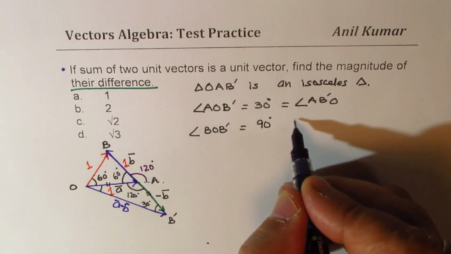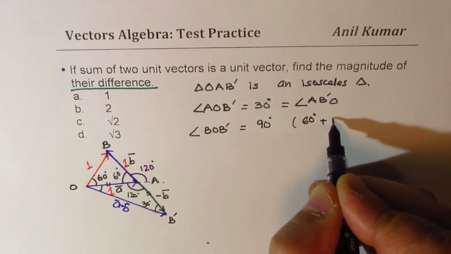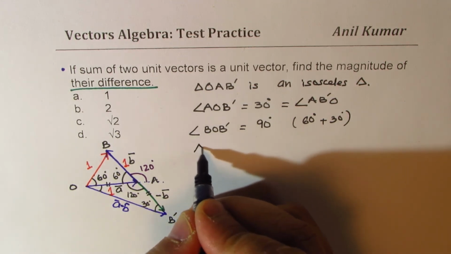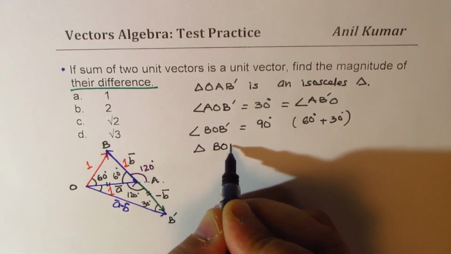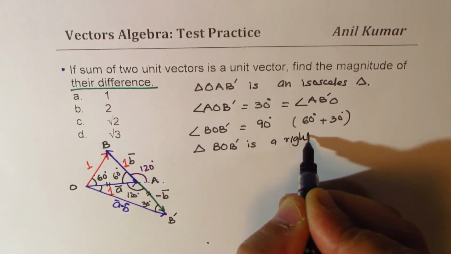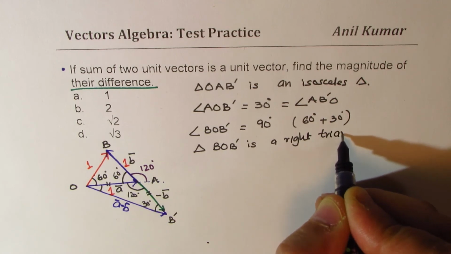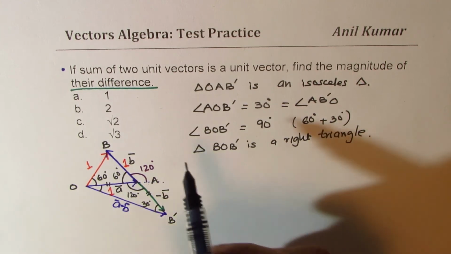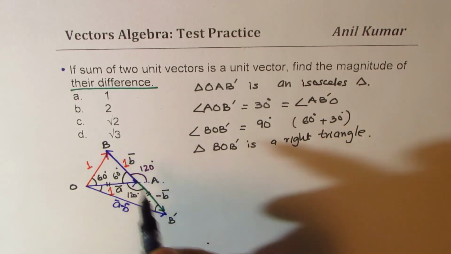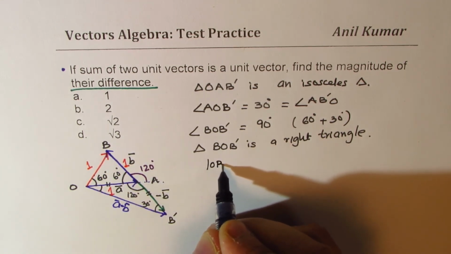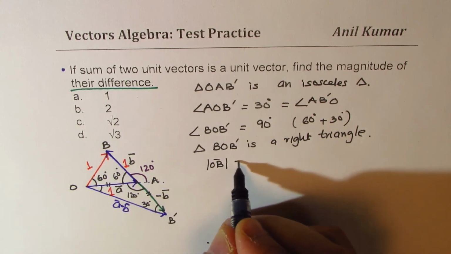60 plus 30, which is 90. So that means that the triangle BOB dash is a right triangle. Clear? Now, if you look into this right triangle, we know the magnitude of OB, since it is a unit, is 1.